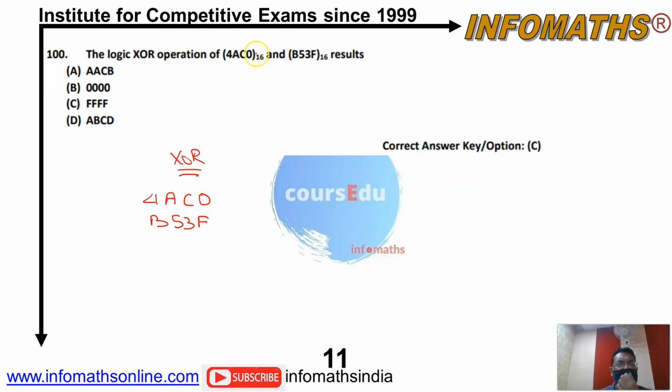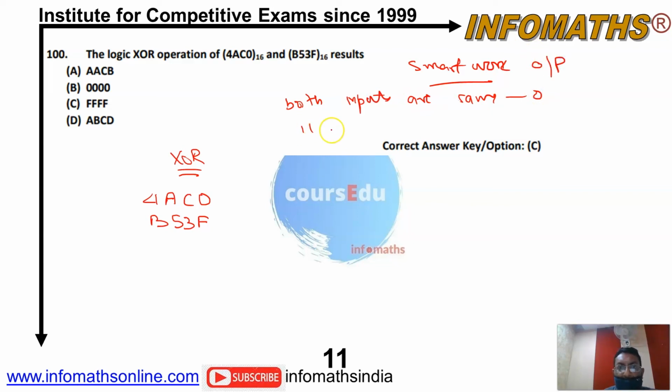Because it's a very lengthy question, it again needs smart work. It's a very simple question, not a difficult one, but you should know the working of the XOR gate. The XOR gate says if two inputs are the same, the output will be 0, because exclusive means different. So when both inputs are different, you will get 1.